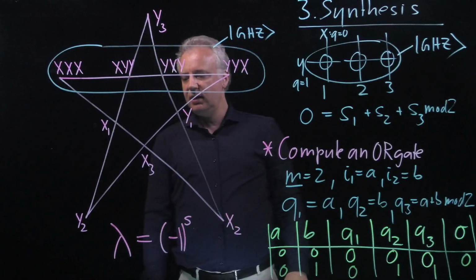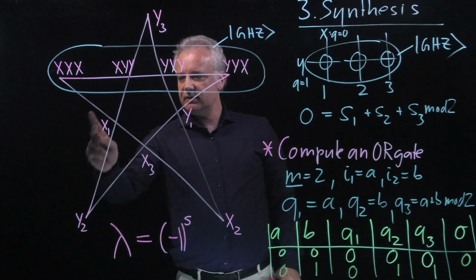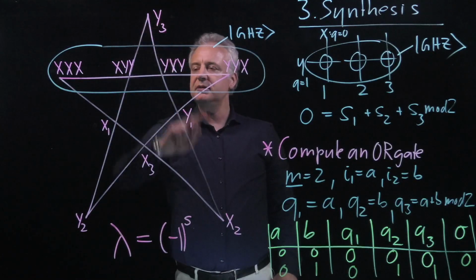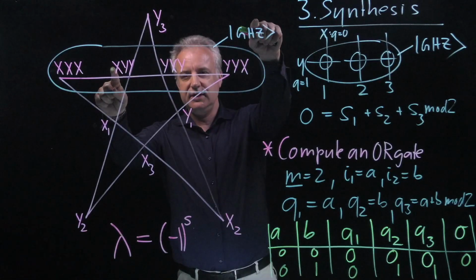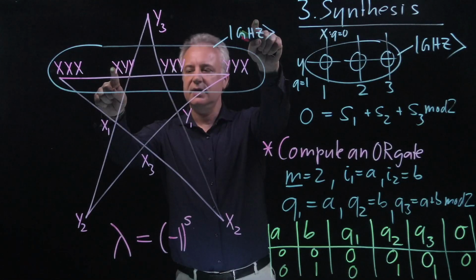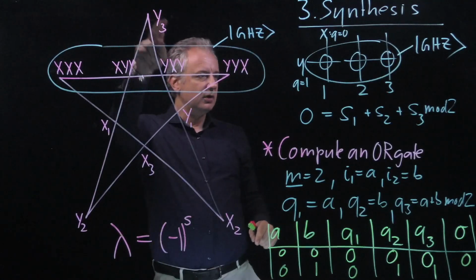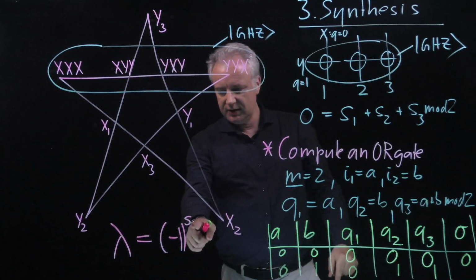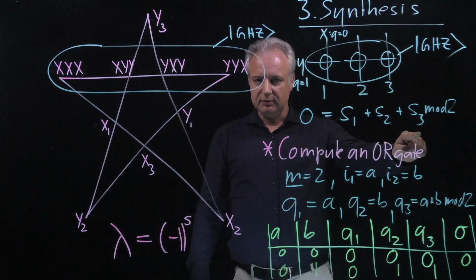In the same game as before, the measured eigenvalues here times there multiply to the eigenvalue of this, which, because we're dealing with the Greenberger-Horne-Zeilinger state, is -1. So the eigenvalues multiplying to -1 means the corresponding values add up to 1 modulo 2.